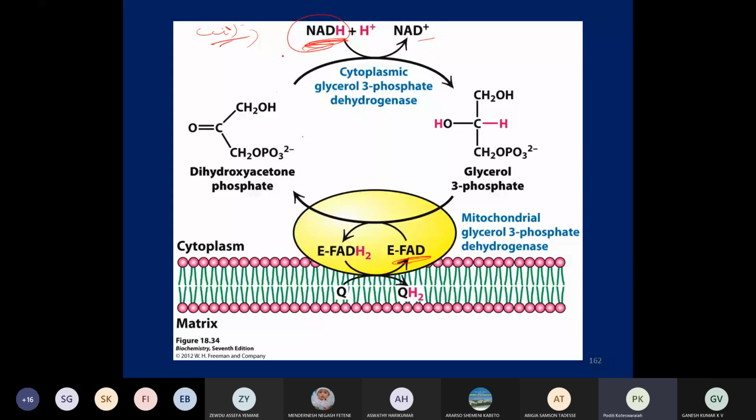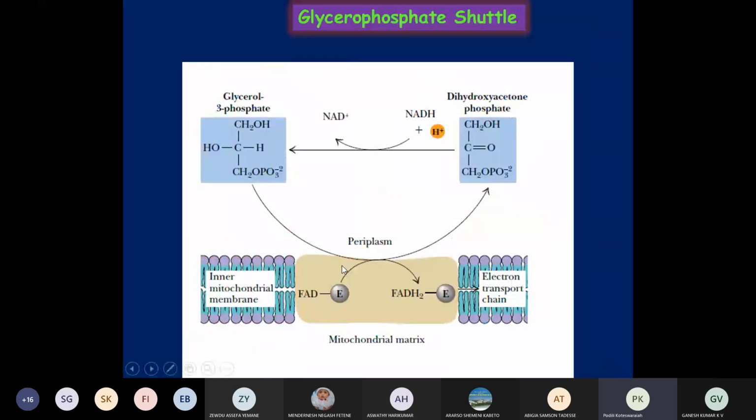Therefore, the NADH in the cytosol uses this shuttle to participate in the electron transport chain. As a result, the cytosolic NADH becomes the mitochondrial FADH2. This is the way the NADH produced in glycolysis enters the electron transport chain for the generation of ATP.